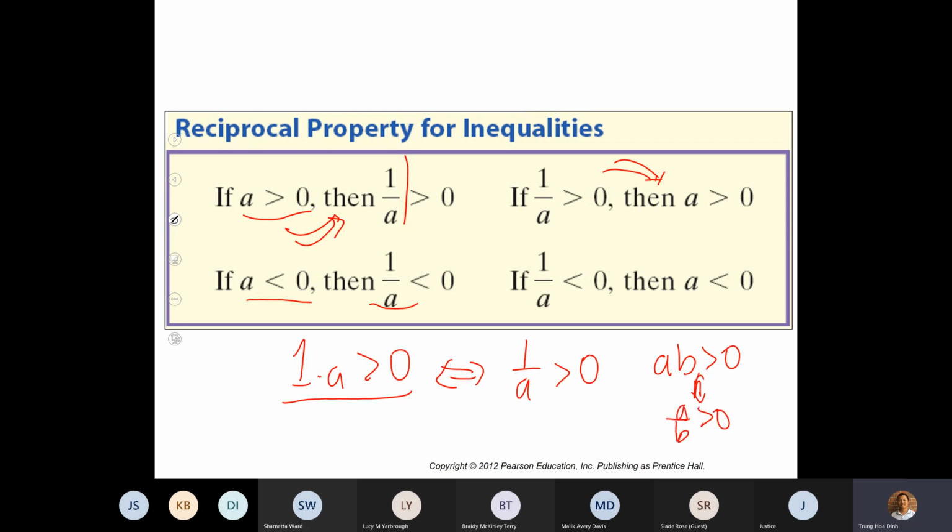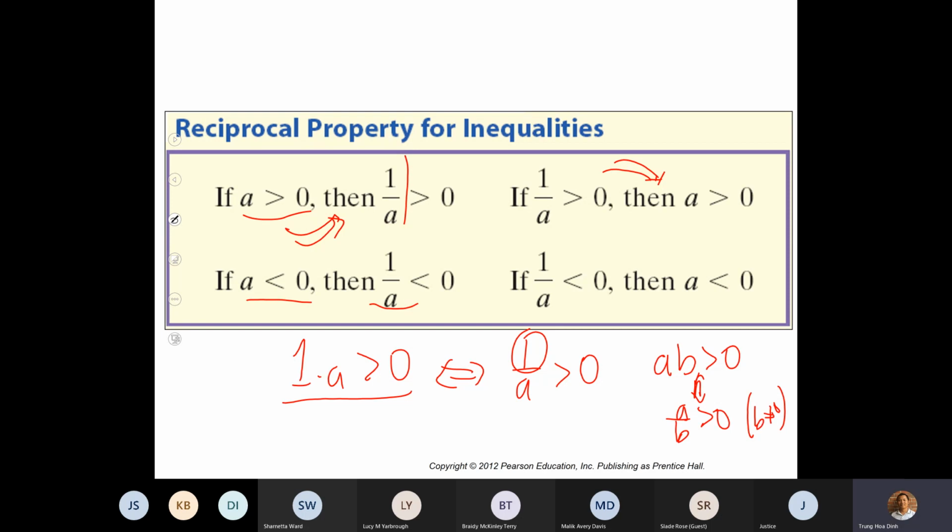Of course, in the case when b is not 0, right? Does that make sense? So not only 1, you may change by b. It says when the product of two numbers is positive, they are of the same sign, negative or positive.